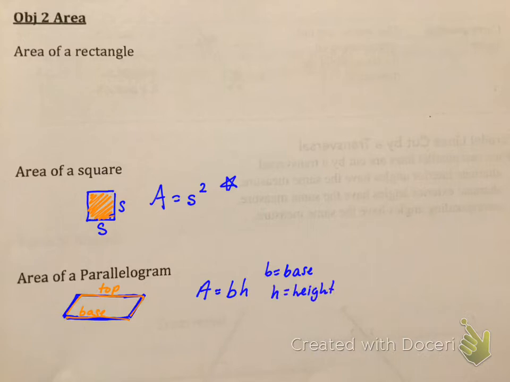Okay, so the height is how tall is the parallelogram? That is going to be the height. Okay, and base is once again the bottom of the figure. Okay, all right, so that's how you find the area of a parallelogram.